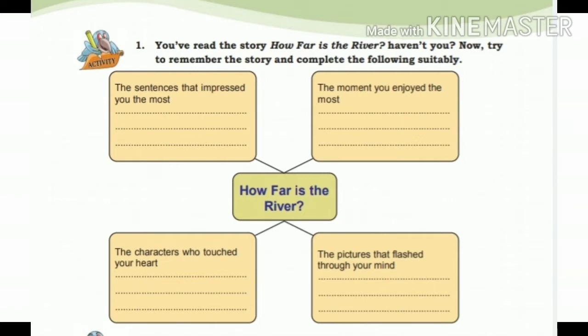Then by his determination he reached the river. All these things come to our mind as pictures. Lastly he touched the river, etc. Lots of things are coming. All these pictures we can write.